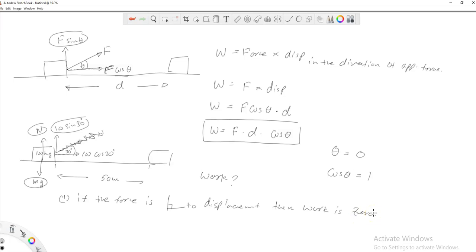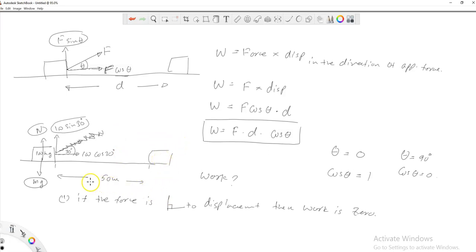In other words, there's a cosine theta. If the angle between them is 90 degrees, you know that cosine 90 is 0. So a 0 goes into this equation: W equals F times D times 0. The whole thing becomes 0.